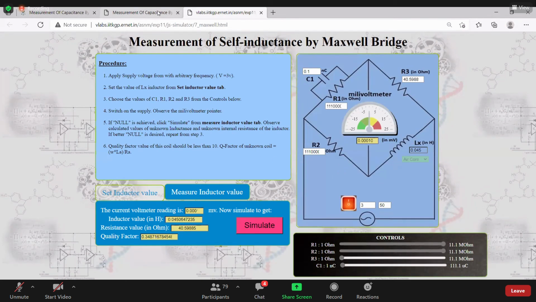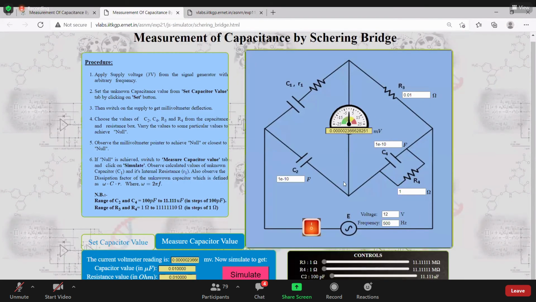So the shading bridge is also similar to the Maxwell bridge, but here we have to find the unknown capacitance where we change the values of C2, C4, R3, and R4, and basically C1 is equal to R4 into C2 by R3. Okay.